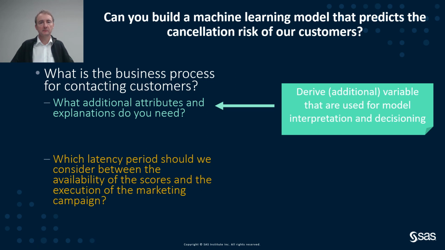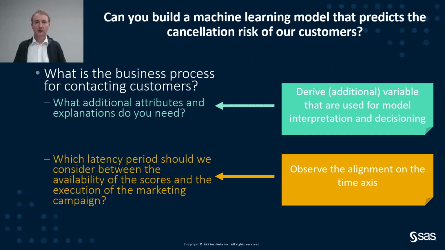If this is the case from a business perspective, you also need to make sure that your analysis treats the analysis data in the same way and doesn't use data, too recent data from a time perspective, which would not be available in operational mode when the model is used in production. This also needs to be observed, and this is a very important thing by observing the alignment on the time axis. Let's take a closer look into this example.